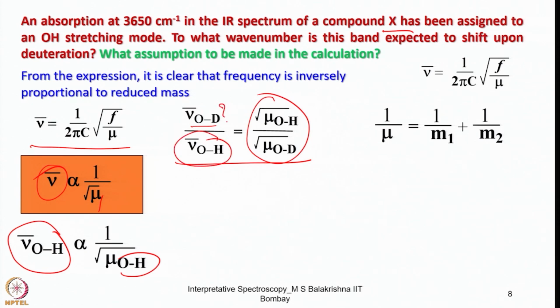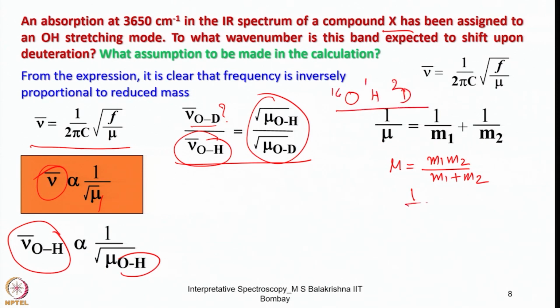Now we have to find the reduced mass. This is one way of doing it, or simply we can do it the other way, M1 M2 by M1 plus M2, which would be rather easier. But if we do it with the first one, oxygen atomic weight is 16, H is 1 and D is 2, which we should remember.